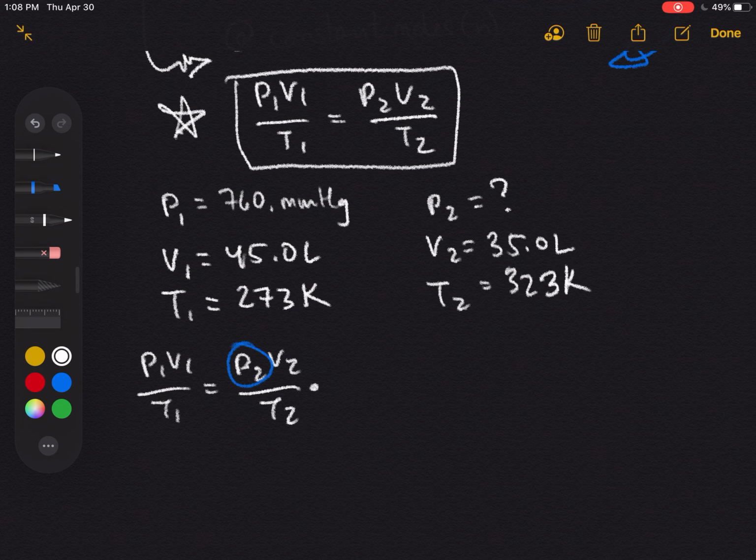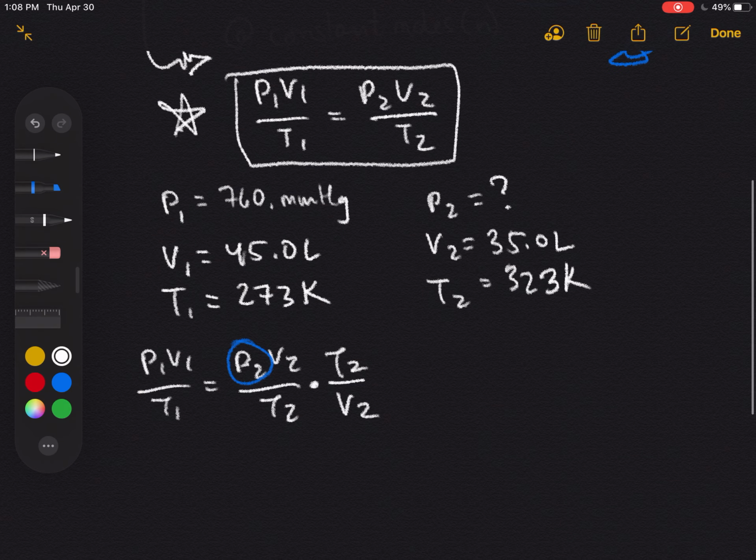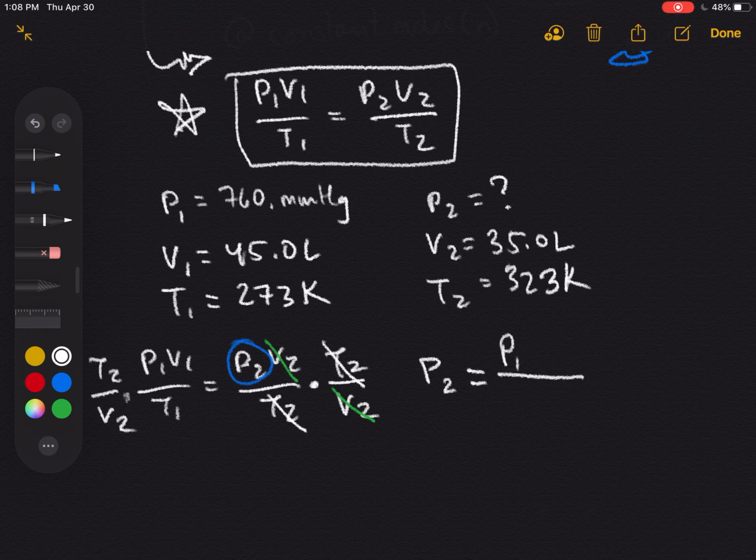If I multiply both sides by T2 and divide both sides by V2, so I'm going to put T2 on top divided by V2 to match what's over there, that means that my T2 and my T2 cancel out, and my V2 and my V2 cancel out. So I'm left with P2, which is what I'm trying to do. So I'm going to rewrite it. P2 is equal to, and now I'm going to just put a little different order here, P1 V1 T2 divided by T1 V2.